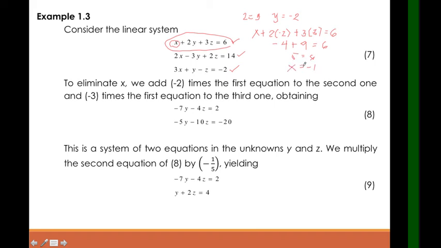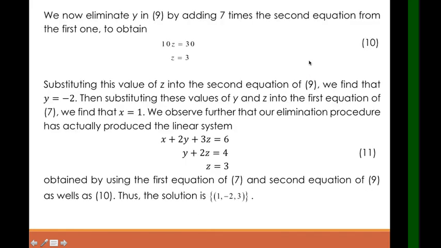So, therefore, x is equal to positive 1. That's correct. So, we have now a solution set of 1 for x, negative 2 for y, and 3 for z.